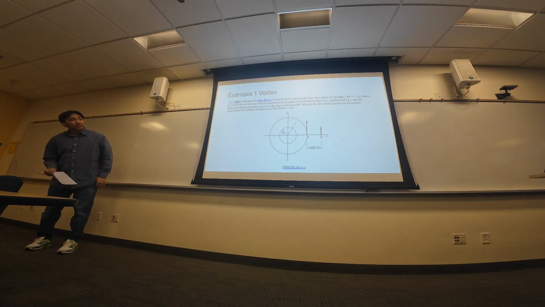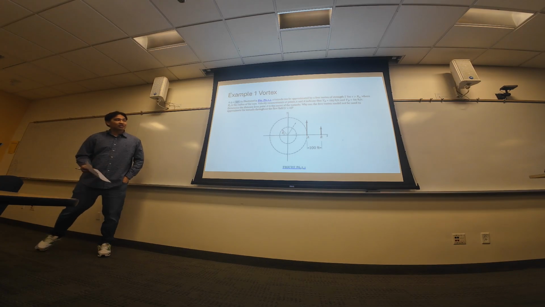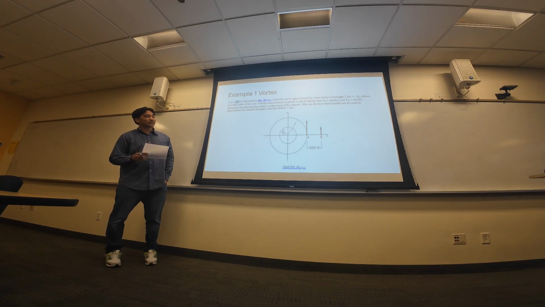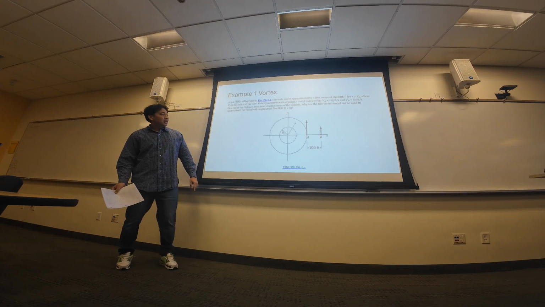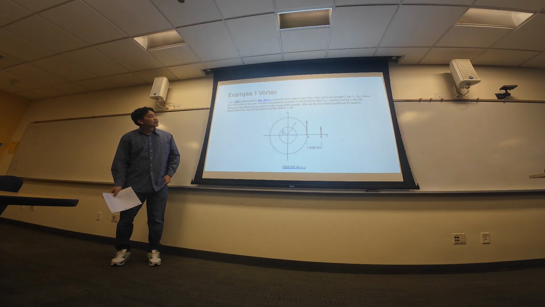We have a strength that is gamma, the circulation that I defined earlier. If you have slides up on your computer, feel free to flip back and forward if you need those equations. RC is the radius from the center point to this inner circle here.